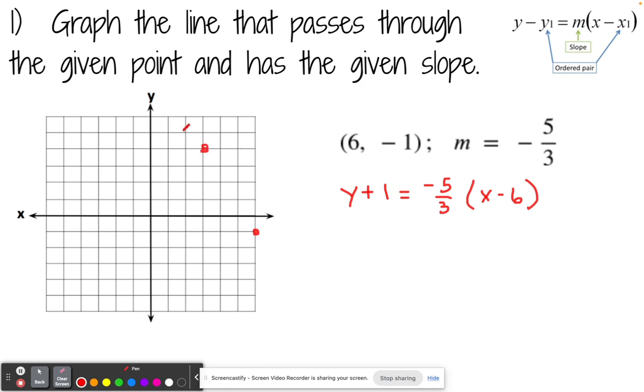And now that I have 2 points, I can connect them. There's one of my straighter lines. It's not particularly straight, but compared to some of them I do, it's not bad. And there's a line. That's pretty easy.